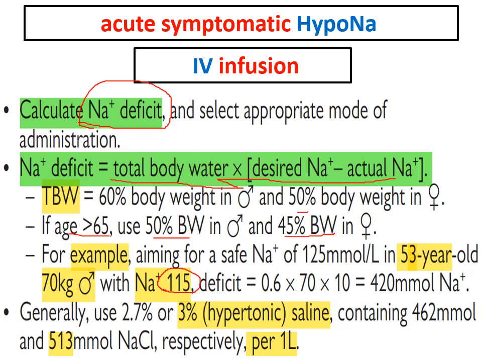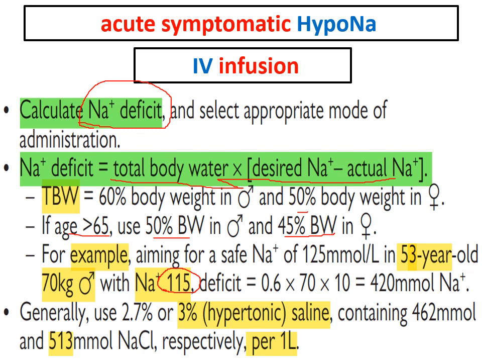And as we said in the general rule, our goal is to increase the sodium in one day by around 10 millimole. So the desired sodium is 10 millimole over the actual. The measured sodium of the patient is 115, so the desired is 125.